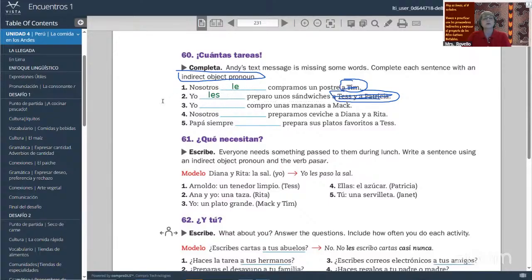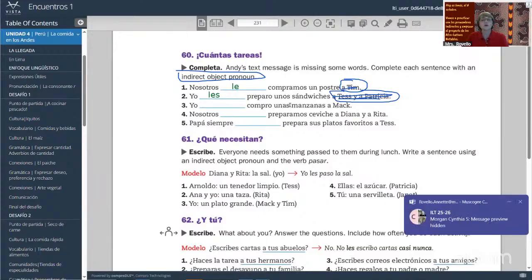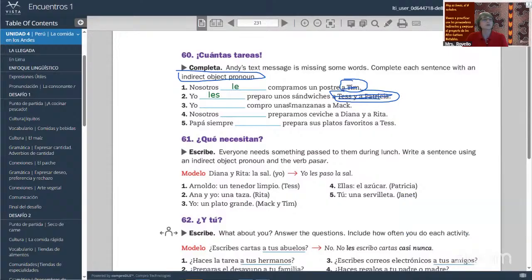All right, let's try number 3. Yo compro unas manzanas a Mac. So what is being bought are some apples. That's our direct object. But who are we buying them for? We're buying them for Mac. Mac is one dude. So how do I say I'm buying some apples for him?